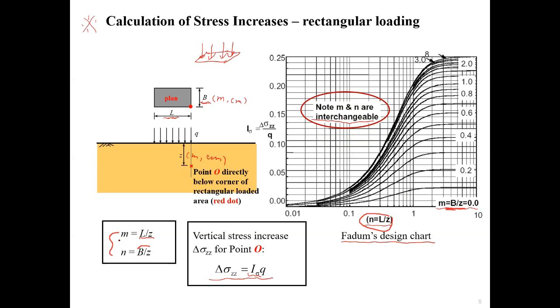So M equal to L over Z, N equal to B over Z, you can also do the reverse way. If N equals L over Z and M equals B over Z, your result will be the same. It's maybe a bit not easy to understand, but later on I will show you one example of why that's the case. It doesn't matter whether N or M equals L over Z, your final influence coefficient will be the same from the chart.